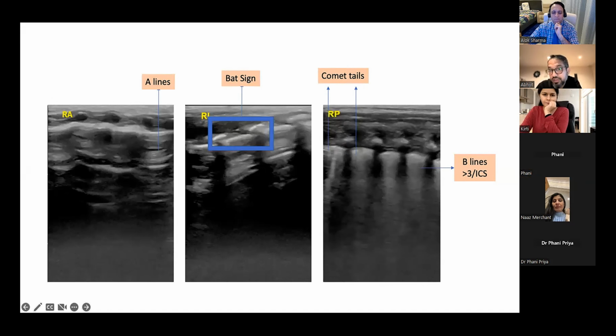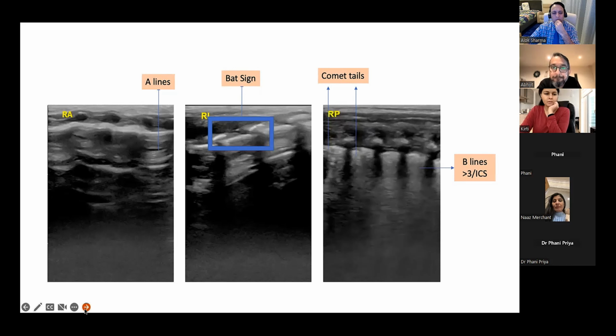On this image, they are erasing the A lines. I couldn't see the A lines, so my best bet would be B lines. As we can see, there is some loss of gain in the lower portion of the image, so we might have lost the acquisition there. But my bet would be it is still a B line because it's erasing the A lines.